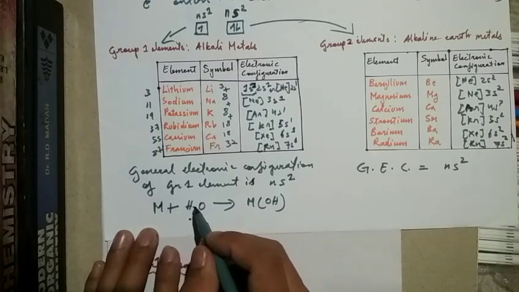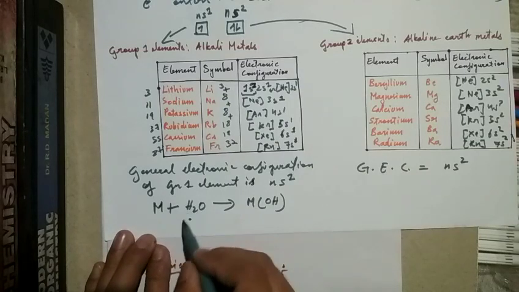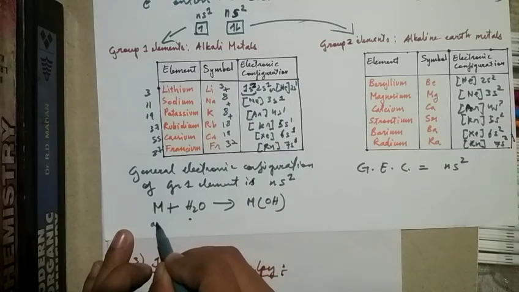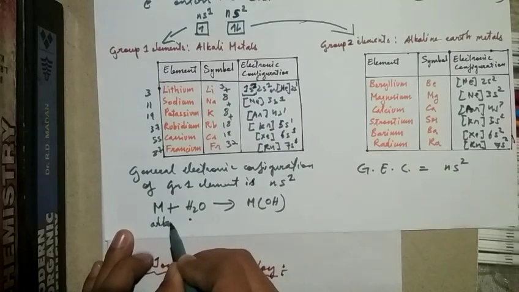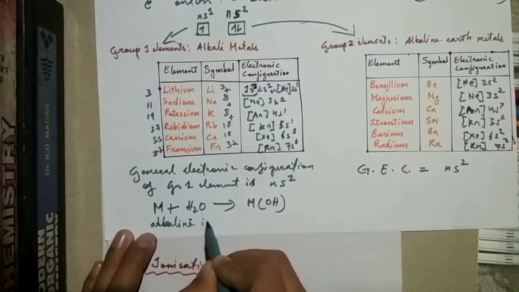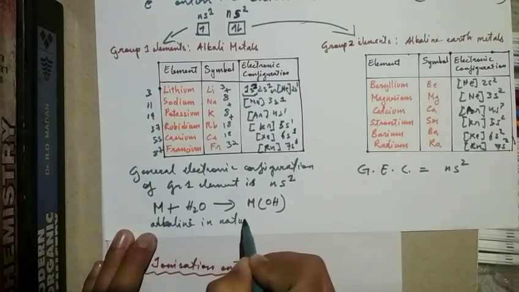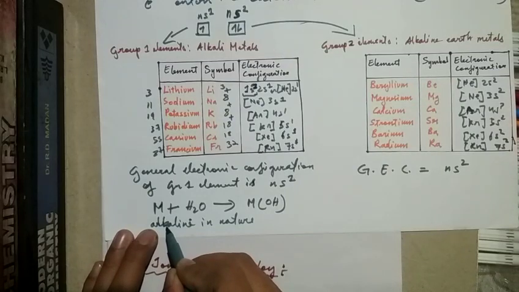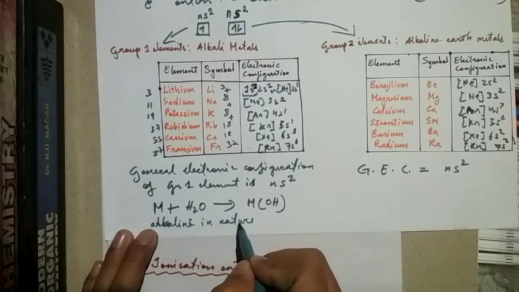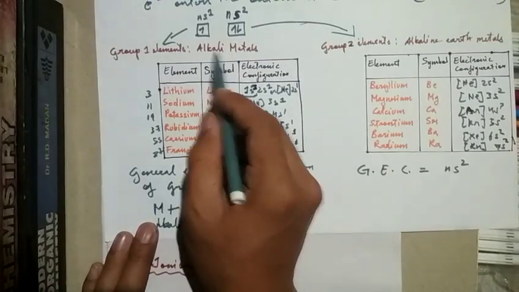Therefore they are also alkaline in nature. That's why they are called alkali metals.